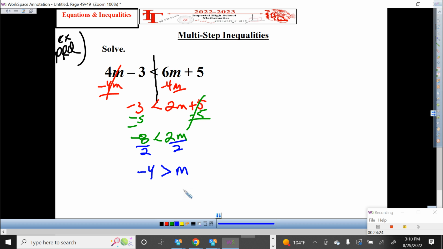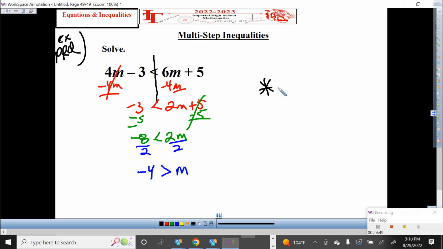Close. Tell your neighbor why we shouldn't flip the symbol. Okay, look up, please. Here goes a note. If you need to make a note again, look up.